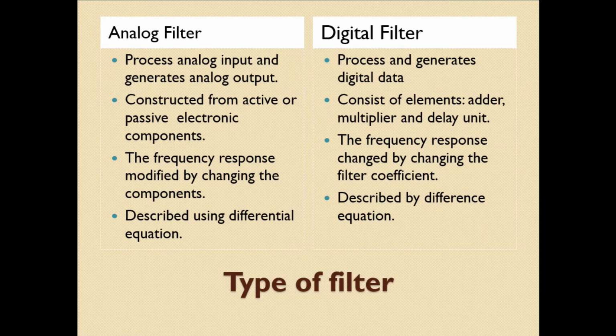How about frequency response? In analog, we have to modify the components to change it, and for digital, the frequency response is changed by changing the filter coefficients. For analog, we use differential equations. For digital, we use difference equations. What is a differential equation?